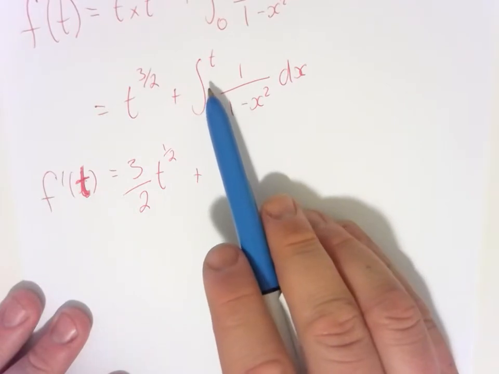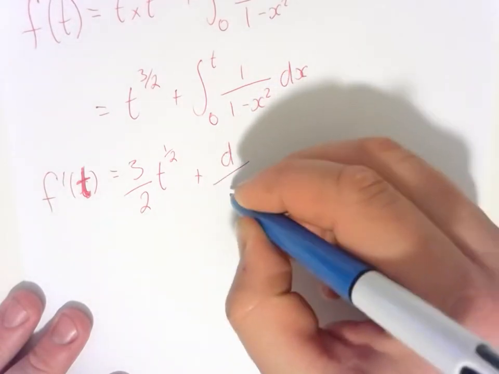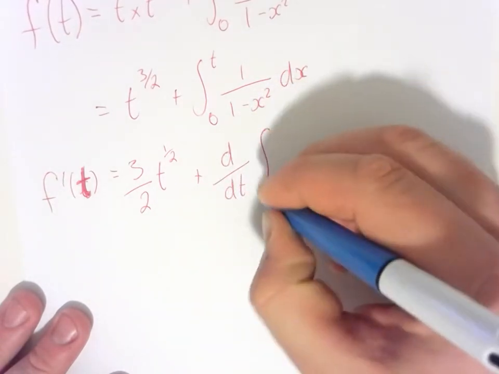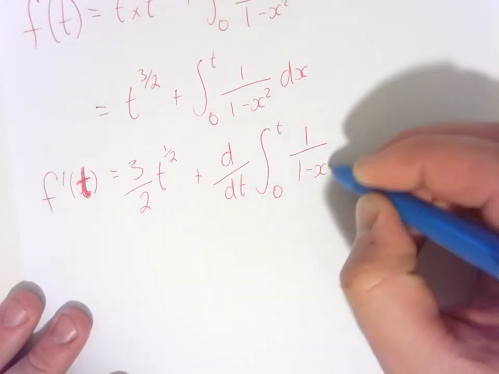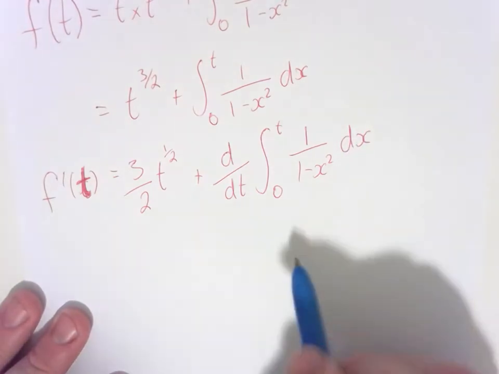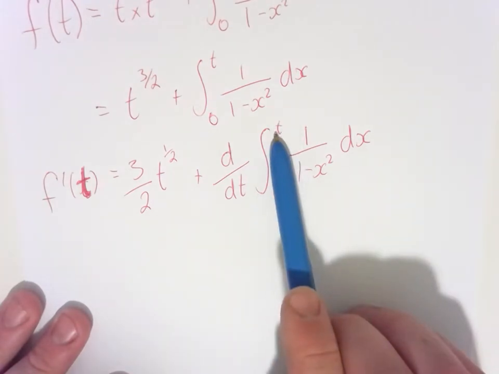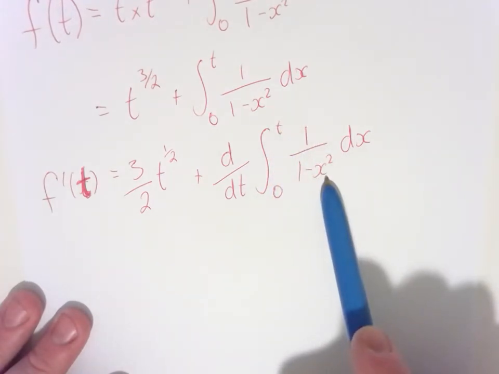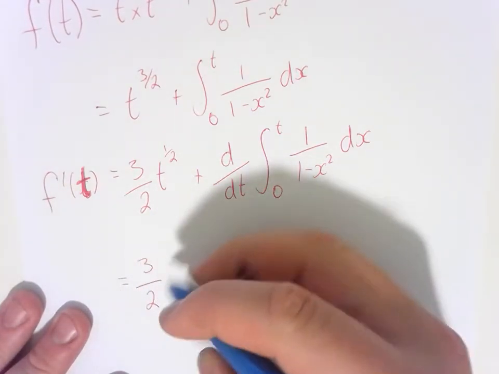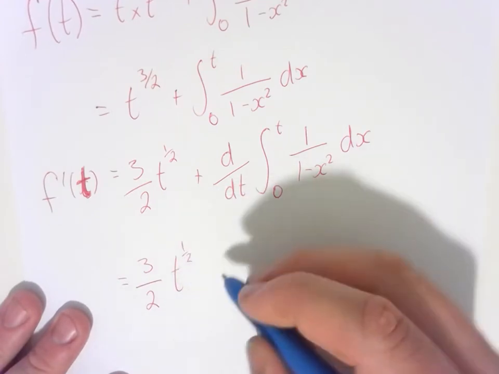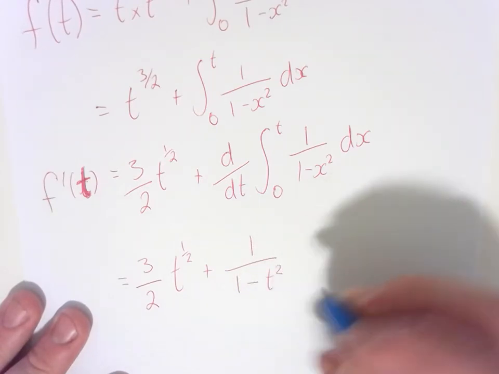Now the way to show that I want the derivative of this part here, I want the derivative with respect to t of the integral from t to 0 of 1 on 1 take x squared dx. So this part here, this is sort of my fundamental theorem. All I need to do is substitute this t in for my x, and that's it. So we end up getting 3 on 2 t to the half plus 1 on 1 take t squared.